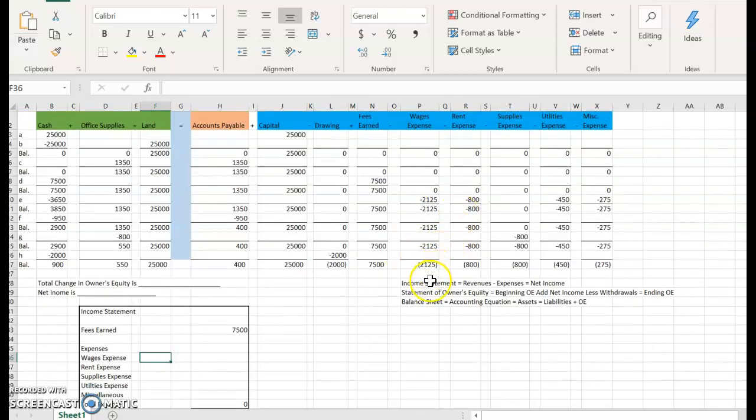So for wages expense, we have $2,125, and then for rent we have $800, and we know these are expenses and we're going to add those up. Supplies expense is $800, and utilities expense is $450.